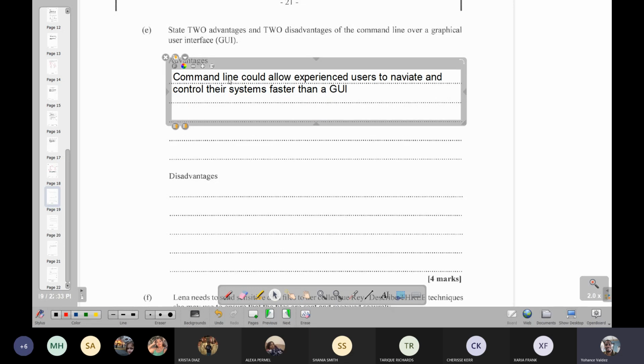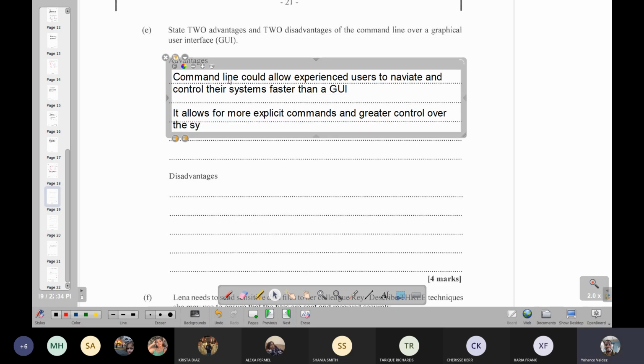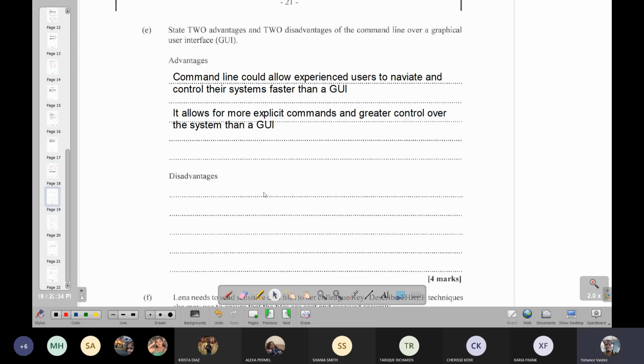And what's the next thing? Allows for greater control over the system, more explicit command and control than a GUI.